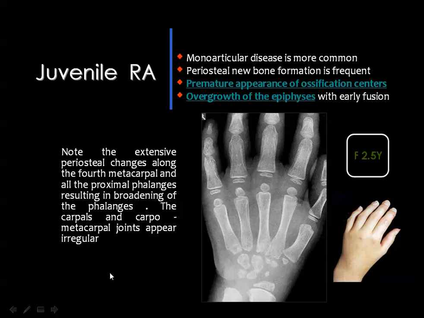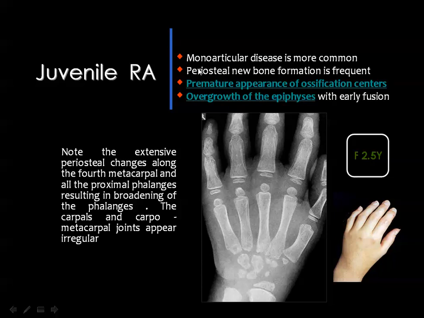Juvenile rheumatoid arthritis means rheumatoid arthritis occurring early in life, and it is usually a monoarticular disease, which is a common manifestation compared to the polyarticular disease of the adult type of rheumatoid arthritis.